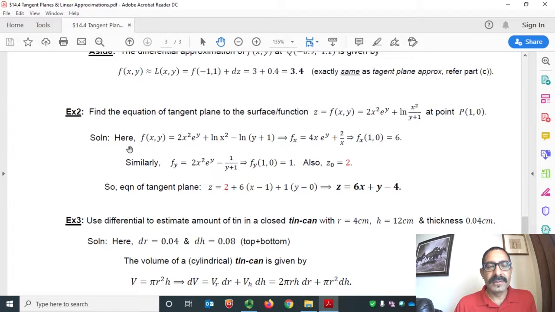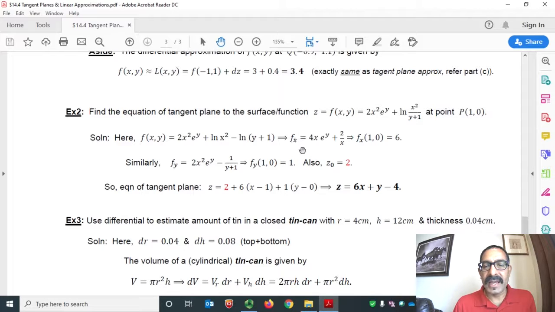Here f of x, y can be written as 2x squared e to the y as it is. The log of a quotient equals the difference of the logs, so ln x squared minus ln of y plus 1. Take the partial derivative of f with respect to x, taking y constant: 4x e to the y plus 1 over x squared times 2x, which is simply 2 over x, and the last term is constant for x partial derivatives.